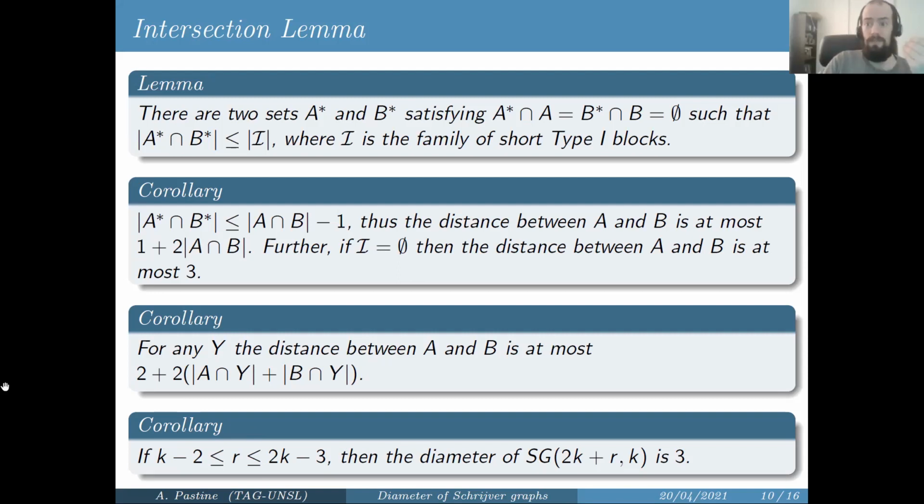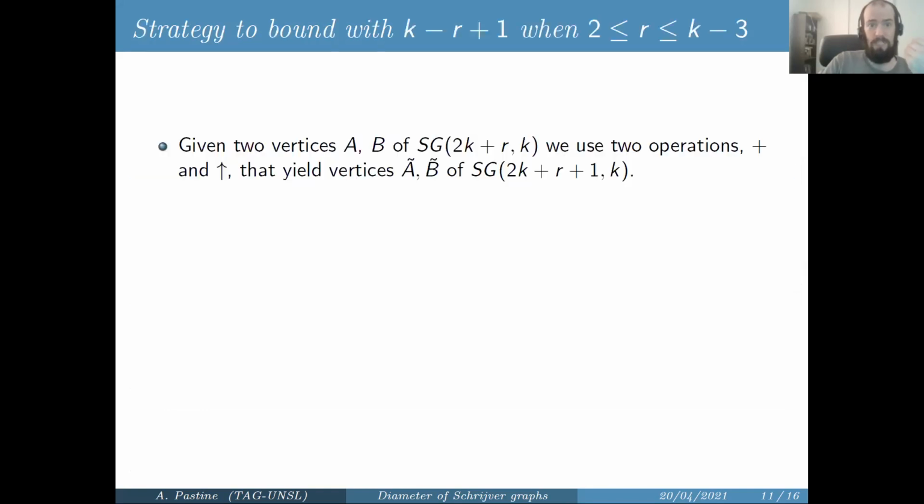So that actually leaves just the hardest part, which is what happens when R is between 2 and K minus 3. The strategy that we use here is we start with two vertices A and B, and we're going to use operations to lift the vertices to a graph with a higher base set.